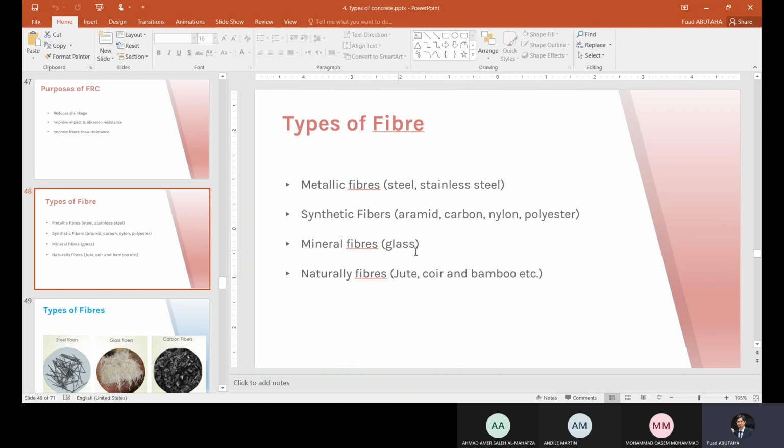We have mineral fiber like glass fiber, and we also can use natural fiber from jute, coir, bamboo, coconuts sometimes. So these are examples of different types of fiber that can be used inside the concrete.